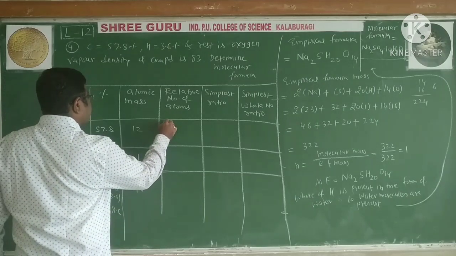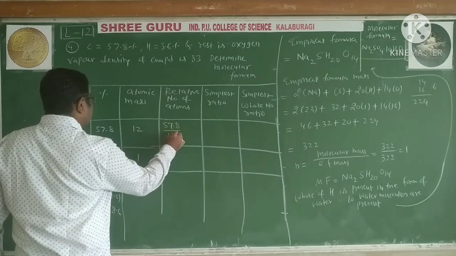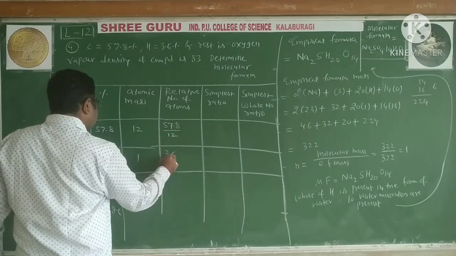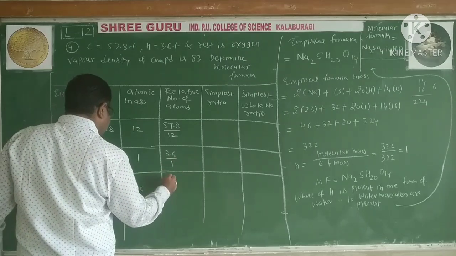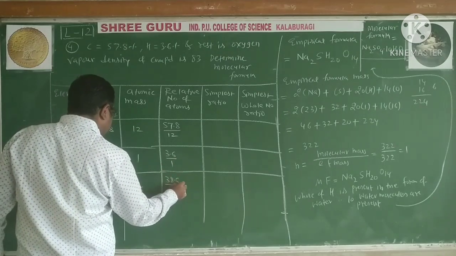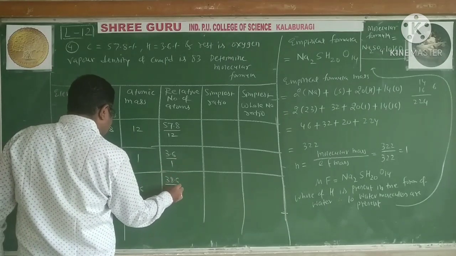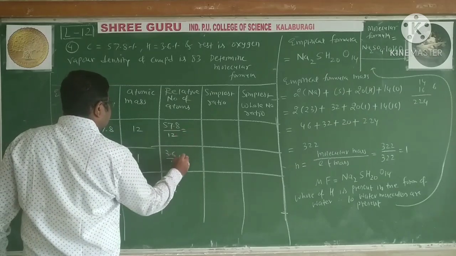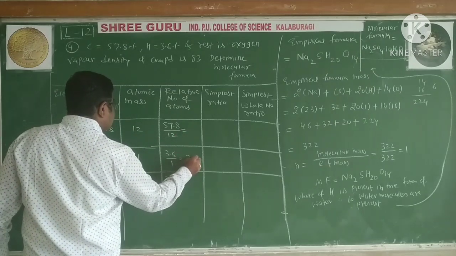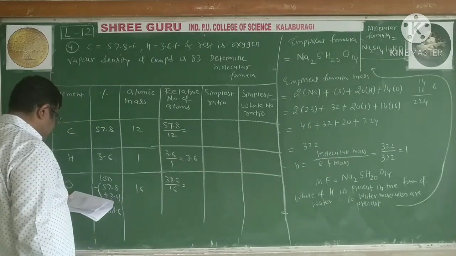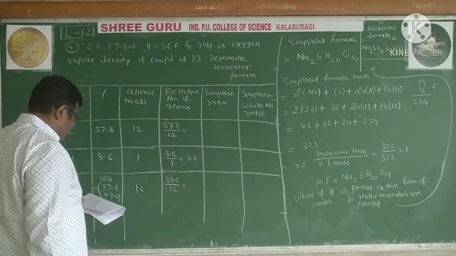57.8 by 12, 3.6 by 1, 38.6 by 16. This is 3.6. This is 4.82.